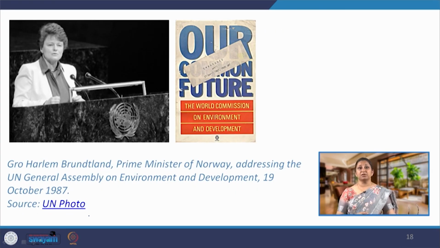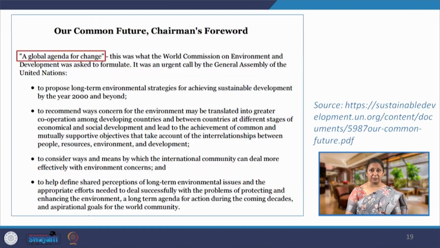This was given by the then Prime Minister of Norway in 1987, Gro Harlem Brundtland, whose committee produced the report called Our Common Future, where for the first time a common definition of sustainable development was agreed upon.